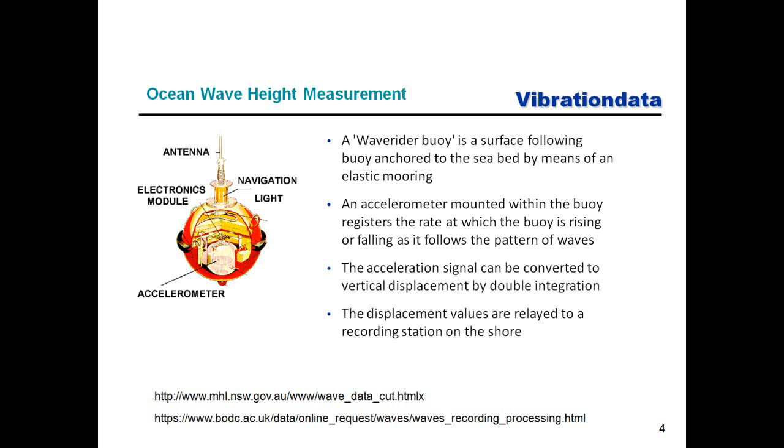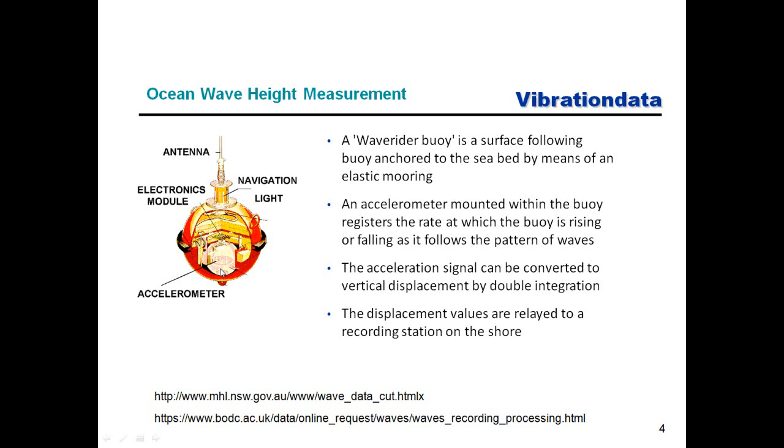And these typically would have an antenna shown at the top for transmitting the telemetry data from the sensor. And then, as you can see, there's an electronic module and an accelerometer. Then the whole buoy would be anchored to the seabed by means of an elastic mooring. So these are very typical devices.